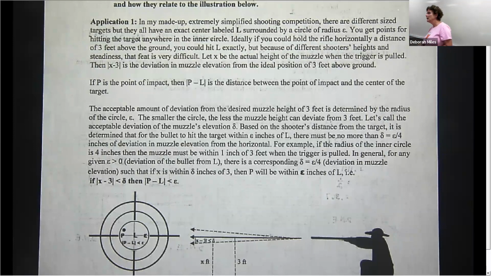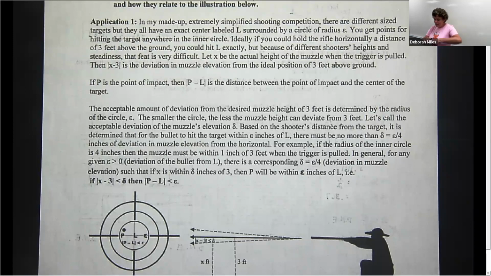But it's hard to hold a rifle that steady, and so probably it's going to be shaking just a tiny bit. The amount of shaking of the gun will determine where that bullet hits the target.